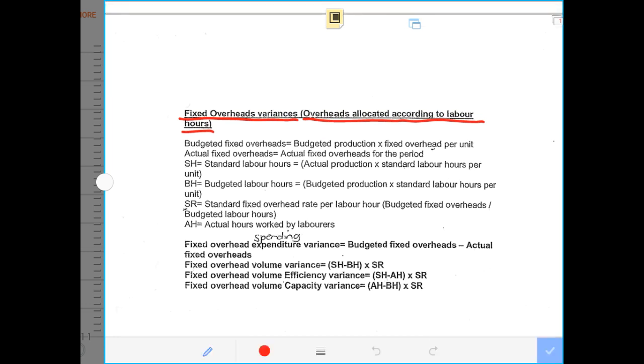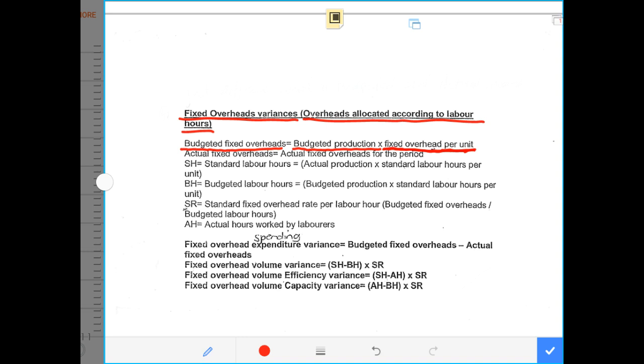We will need to know the budgeted fixed overhead, which is equal to budgeted production times the standard fixed overhead per unit. That means if we are given our overhead per unit, which is POR in this case, fixed overhead per unit will be POR when the POR is based on the number of units produced.